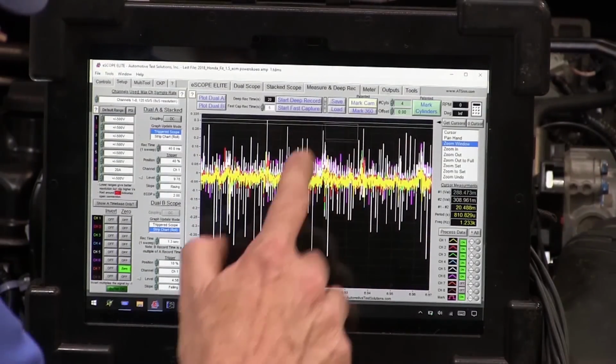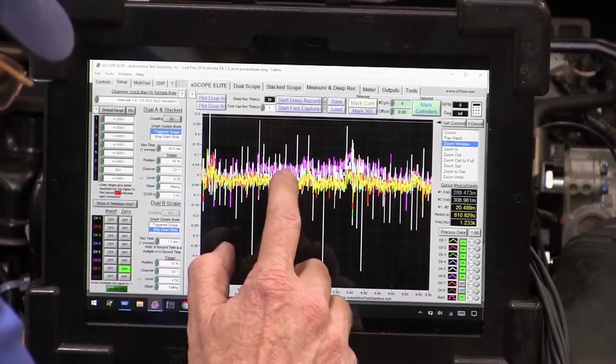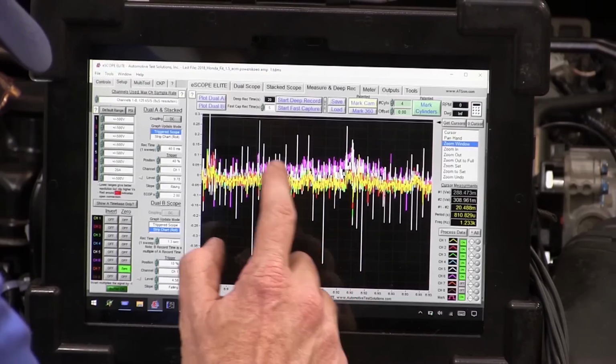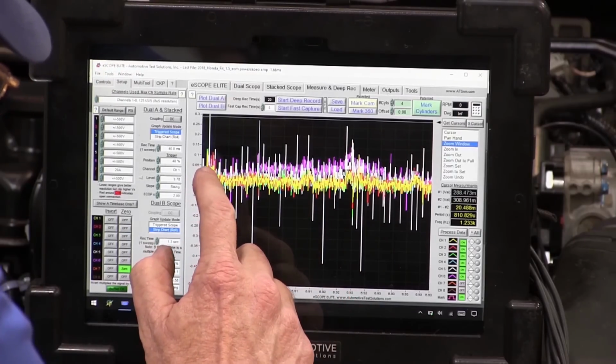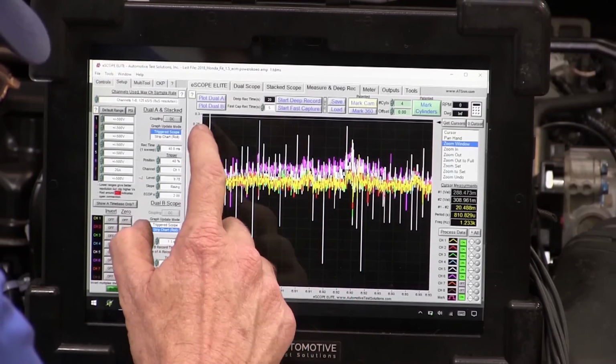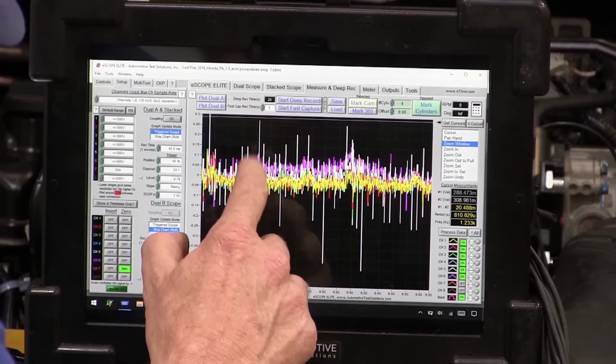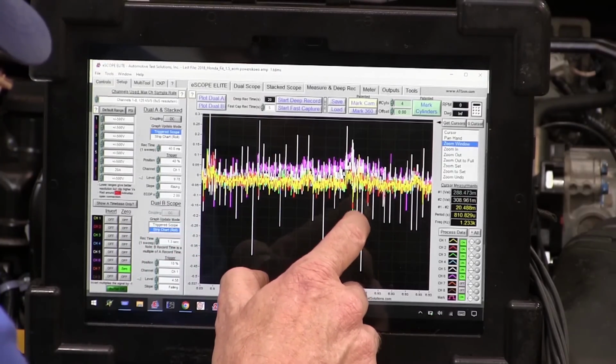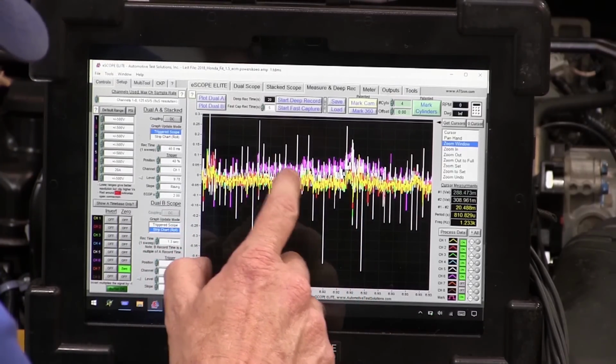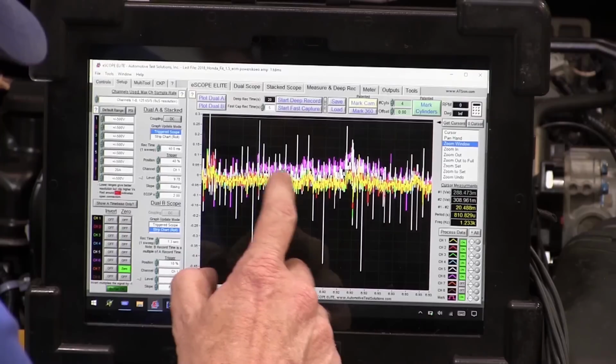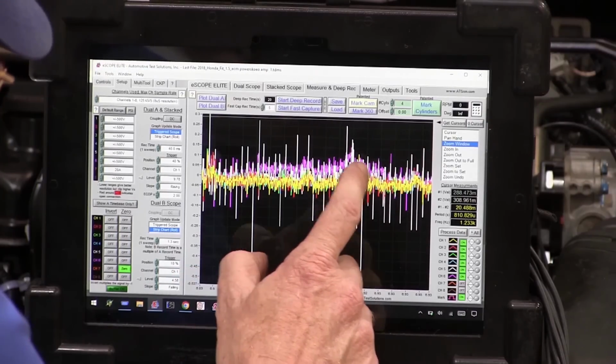These are my grounds, and I can see that all the rest of my grounds are pretty good. None of them are more than a tenth of a volt. They're all less. Now I got bigger spikes on the white one, so I want to look at what the white one is. But again, for that frequency, I think that's the throttle.